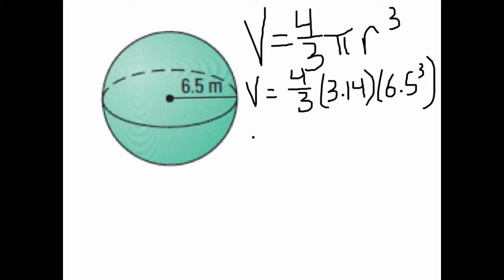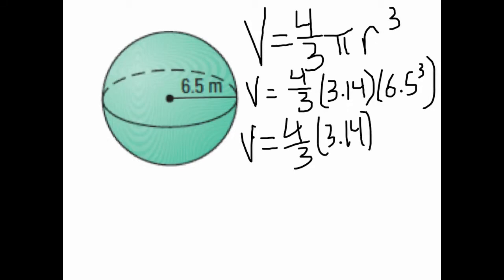Now, my next step is just to multiply this out, but I'm going to go ahead and simplify that exponent to make all the numbers look the same. So if I do that, V equals 4/3, haven't used that, so I'm going to bring it down, times 3.14, and then 6.5 multiplied by itself 3 times is going to give me 274.625.